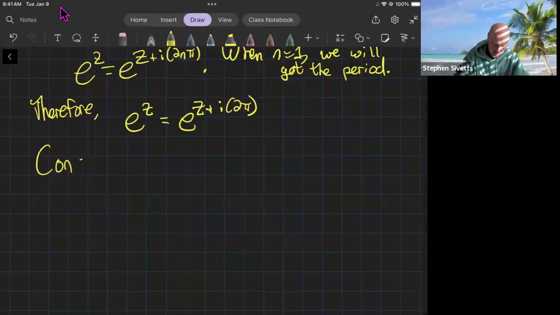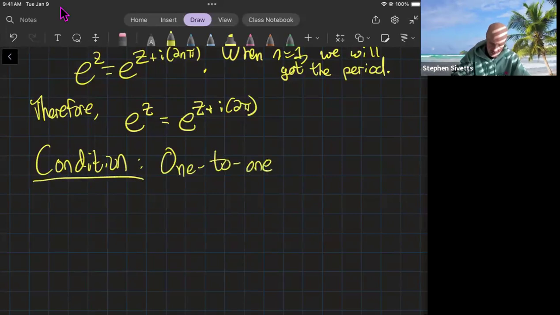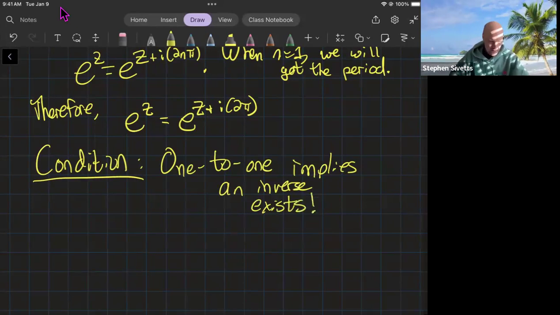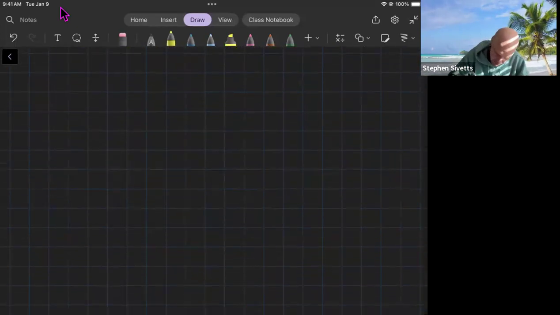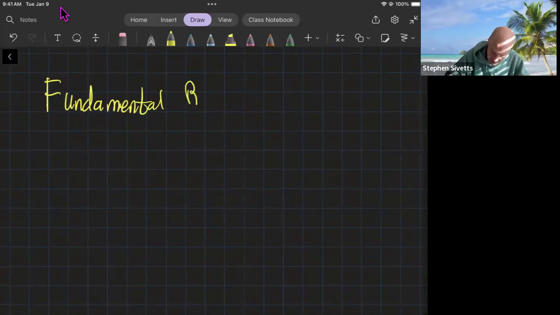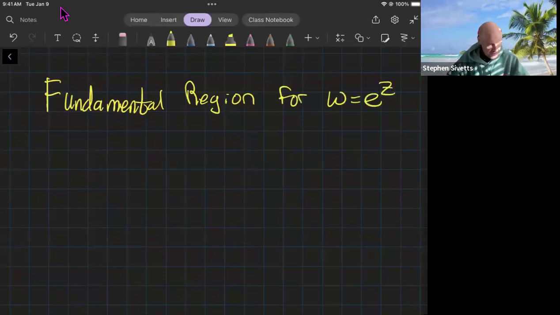Because one of the conditions of an inverse function is that one-to-one implies an inverse exists. So that's important. Okay, so we're going to have to construct what is called the fundamental region for w equals e to the z.